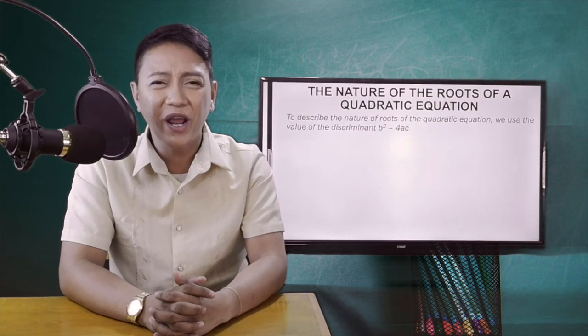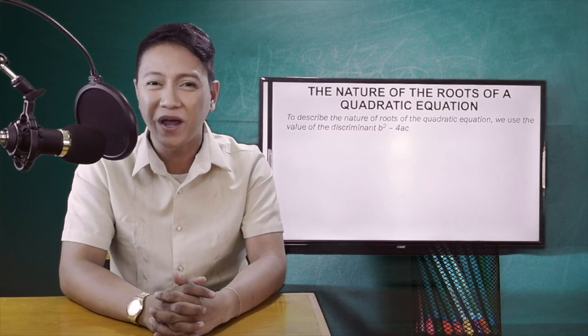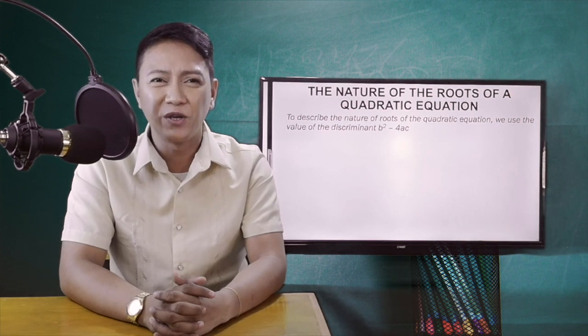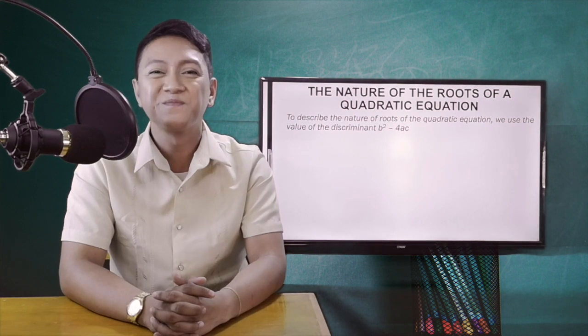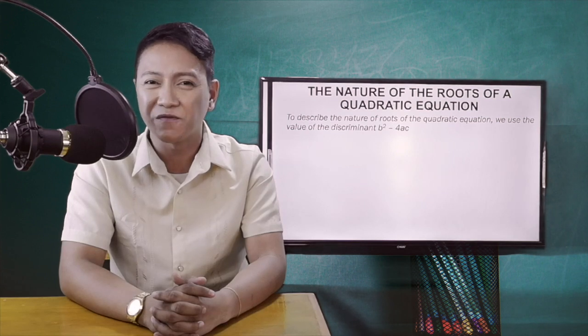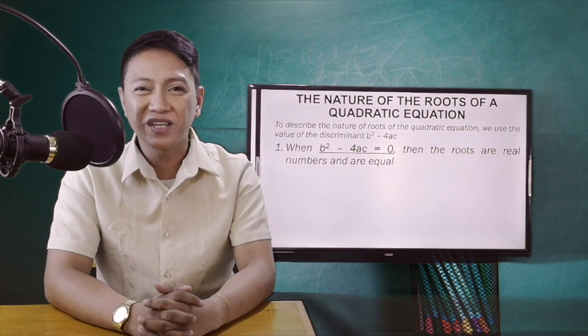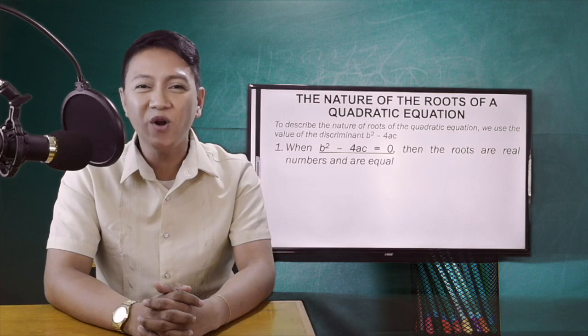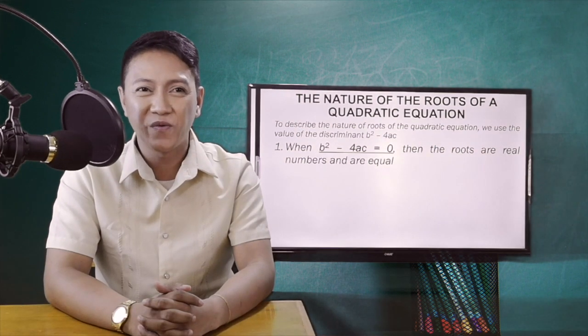To describe the nature of roots of the quadratic equation, we use the value of the discriminant b squared minus 4ac. Now, let us take the four cases of different values of the discriminant. First, when b squared minus 4ac is equal to 0, then the roots are real numbers and are equal.